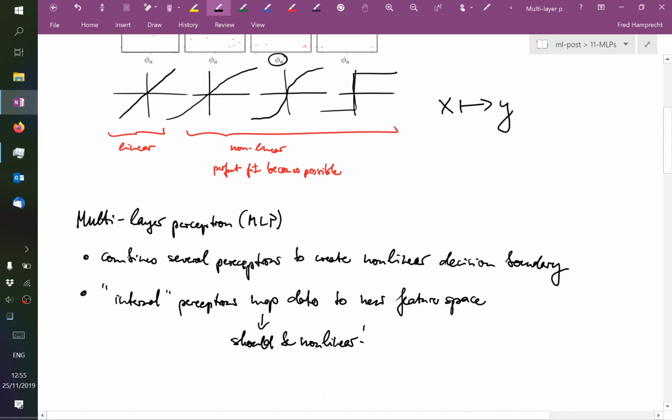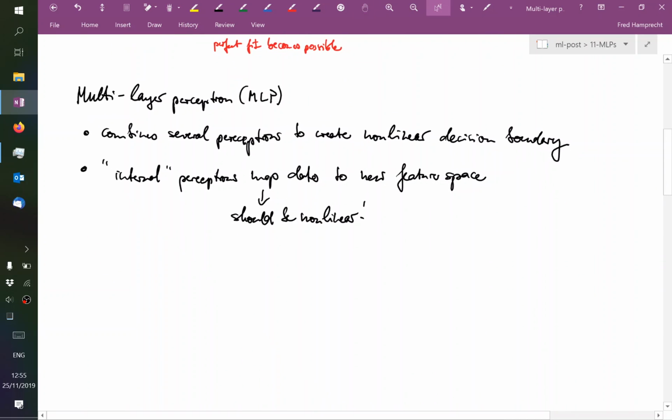Because if it is linear, then it's just an affine distortion of our data.